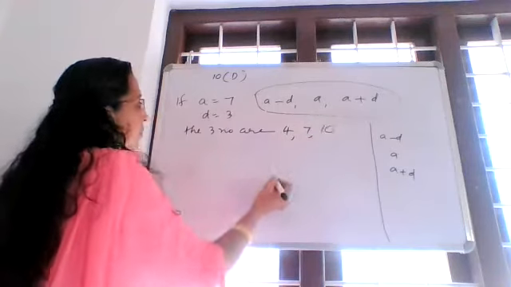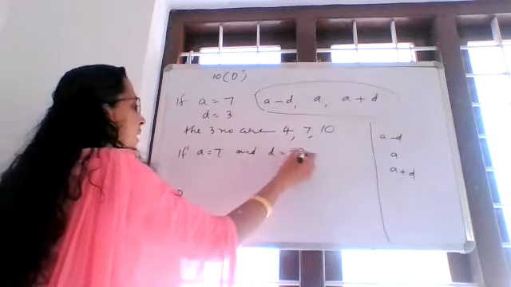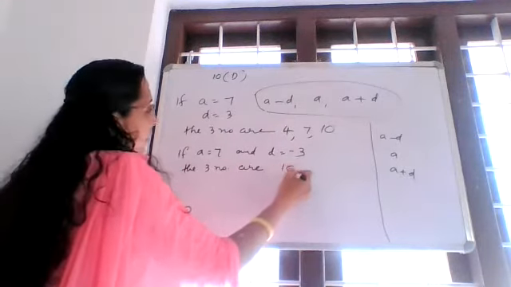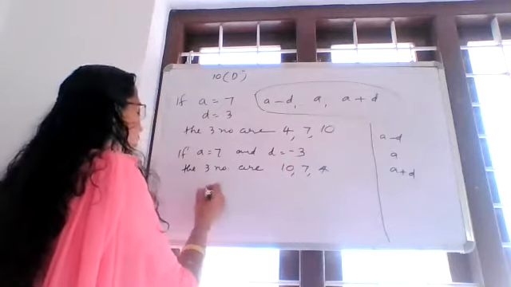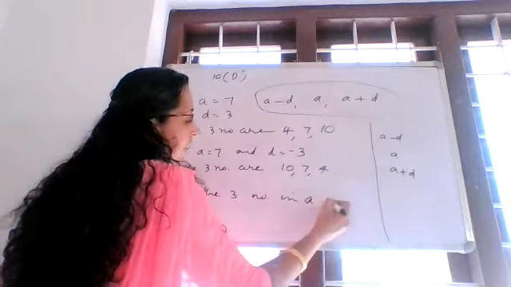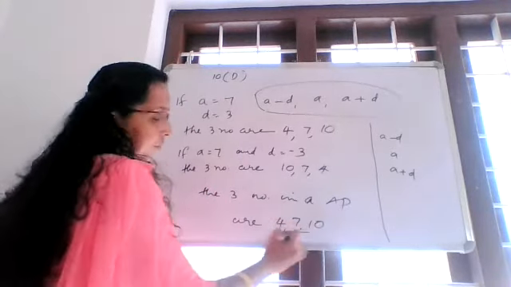If a is equal to 7 and d is equal to negative 3, the three numbers are 10, 7, 4. Therefore, the three numbers in AP are 4, 7, 10.